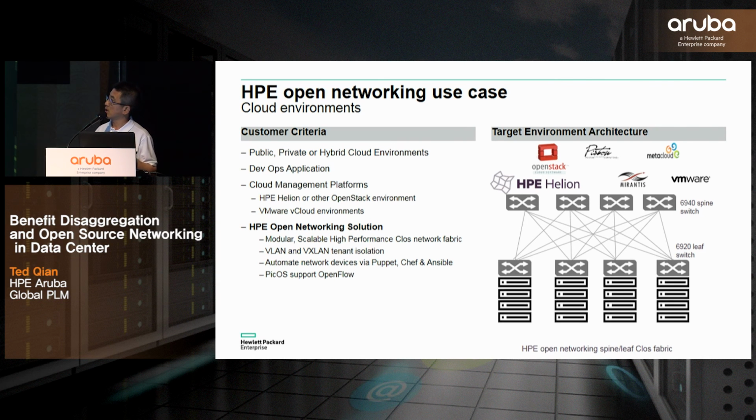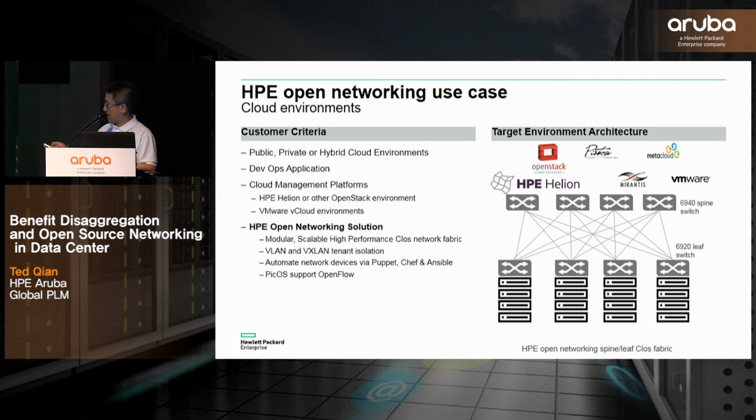If the customer wants to build a public, private, or hybrid cloud, if they want to deploy DevOps applications, or if they want to use a cloud management platform, for example, like HPE Helion, they are probably a customer or potential customer for deploying OCP standard hardware and software.